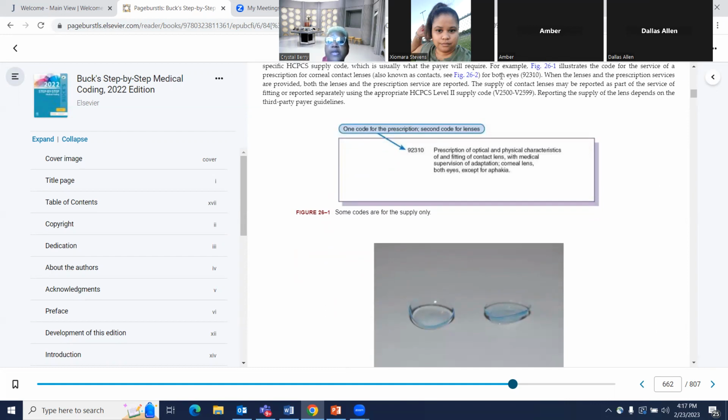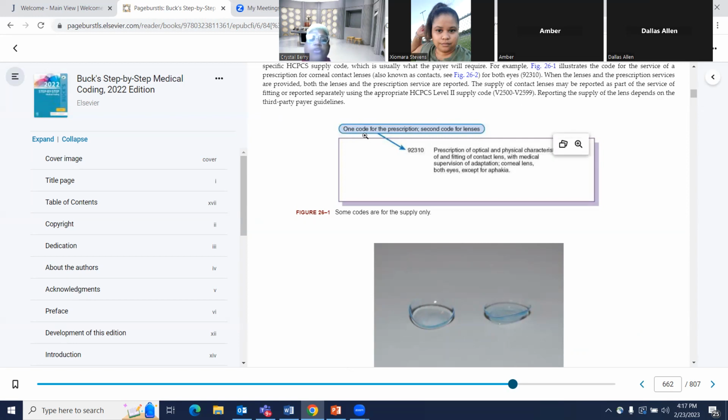and it says, the supply of contact lenses may be reported as part of the service of fitting or reported separately using the appropriate HCPCS level 2 supply codes, which are V2500 through V2599. Reporting the supply of the lens depends on the third-party payer guidelines.